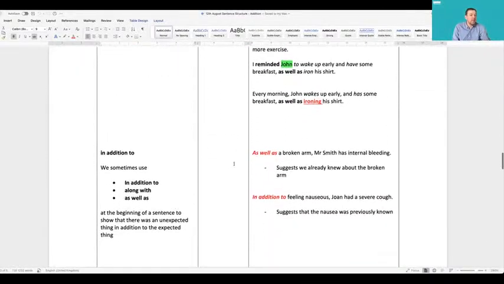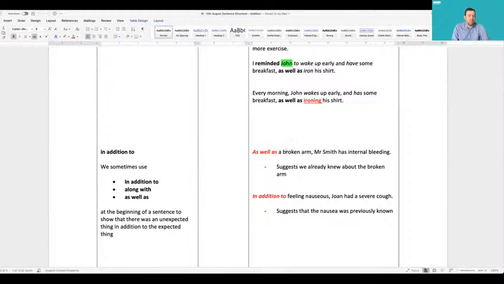Okay. Now there is something else here. If you look at this one here, another thing that's a bit strange is if you say as well as a broken arm or in addition to feeling nauseous, it gives us the feeling that we already knew about this bit, and that we're adding extra after the bit that we already knew about. That's also a bit confusing.